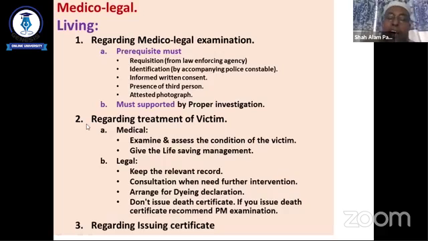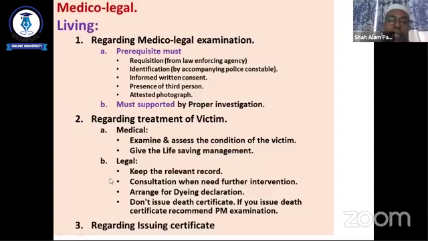Regarding treatment of the victim, there are 2 types of duty. One is medical duty, another is legal duty. Medical duty: first, examine the victim and assess the condition. Secondly, give life-saving management, whatever is needed. Life-saving management is your prime duty over legal duties.